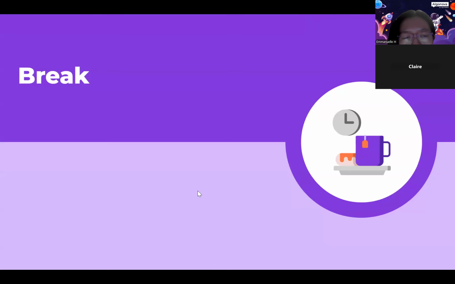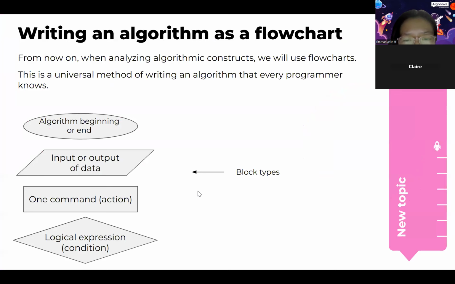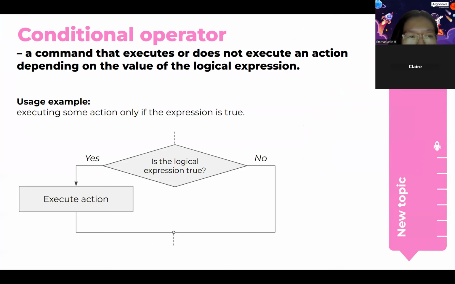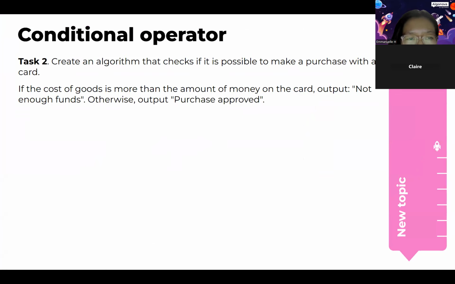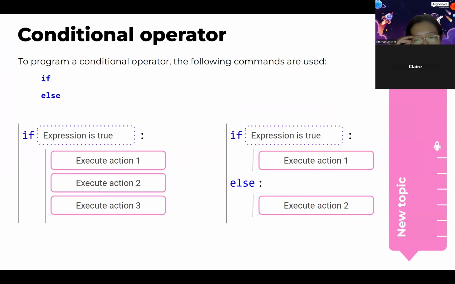Yes. Okay. So next is conditional operator. I think this one is quite familiar. So we use if and else. Yeah. So well, we compare one condition. If it's satisfied, it will go inside the if. Otherwise, it will go to else. Like this.